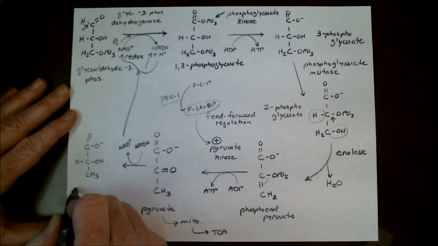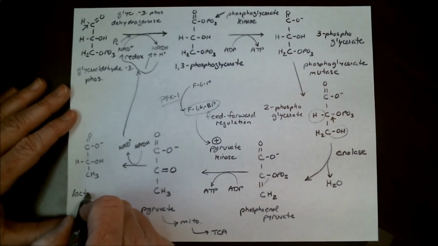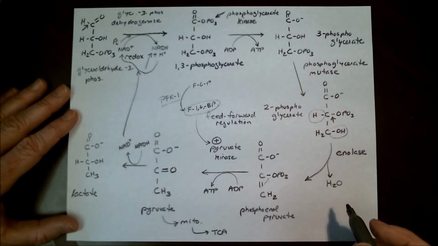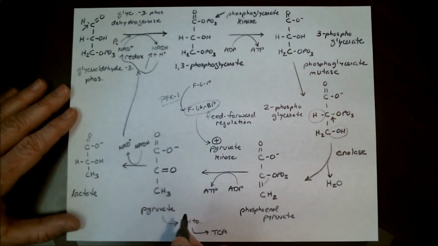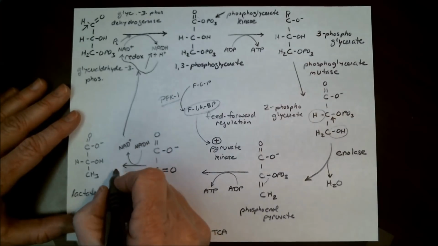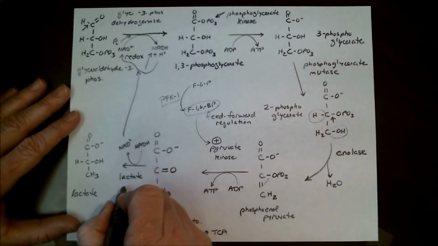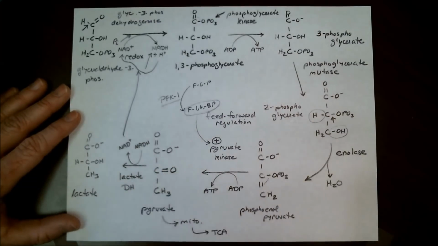This is called lactate. I think we've all experienced lactic acid buildup in our muscles. We'll talk about this when we get to skeletal muscle. The enzyme that does this, of course, is a dehydrogenase. In this case, it is lactate dehydrogenase.